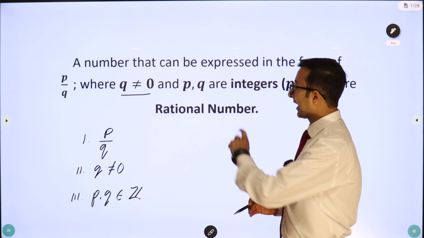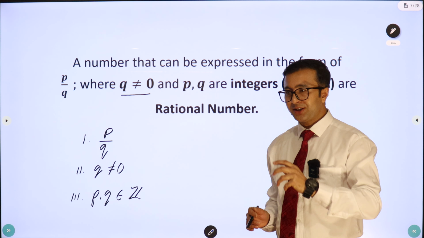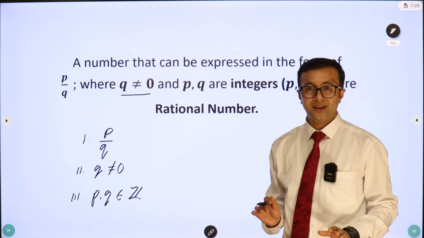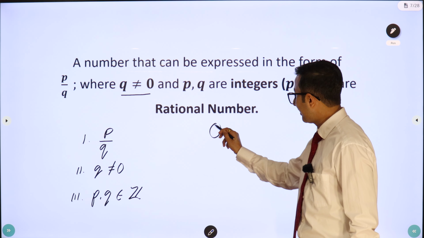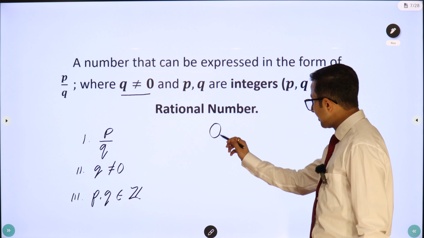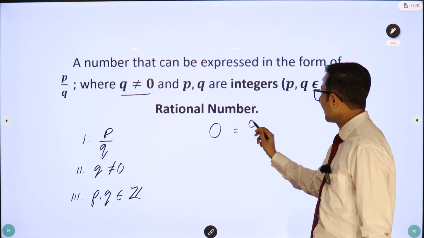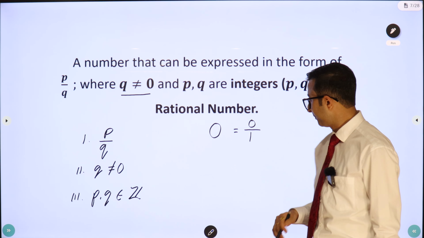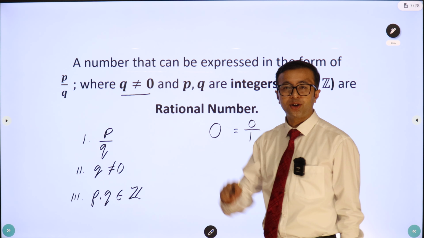Every time the topic of rational numbers comes up, most of the time we get the question of whether 0 is rational or not. For the confusion related to the number 0, let us check it here. For 0, whether the first property is satisfied or not. Okay, 0 can be written as 0 divided by 1, 0 divided by 2, 0 divided by 3, anything other than 0, because the denominator should not be equal to 0.